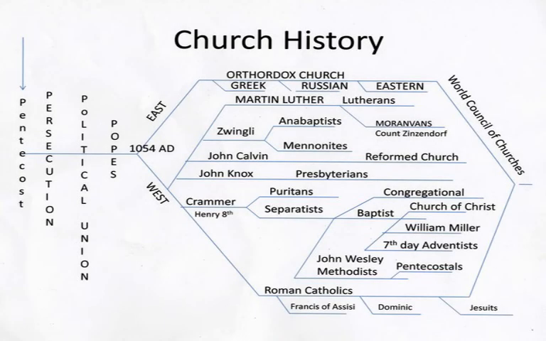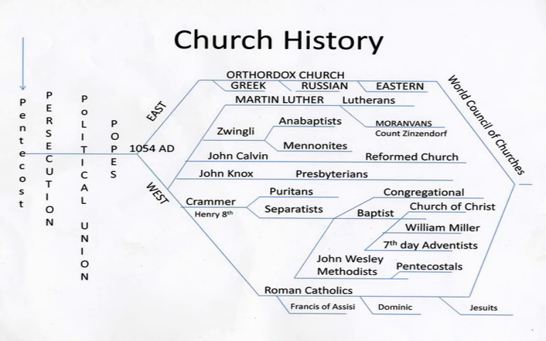We want to now look at an overview of all the church history we've covered so far. You can get copies of these charts on our website, BibleandScience.com. We want to review now. We have the beginning of the church at Pentecost. We have the Apostolic Age.